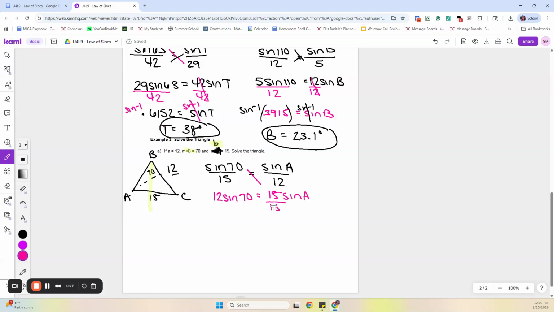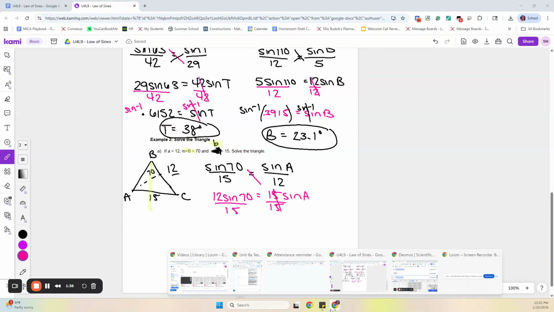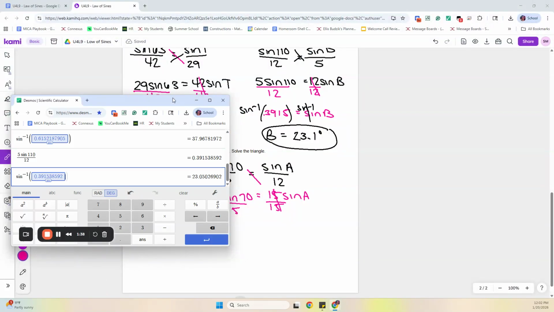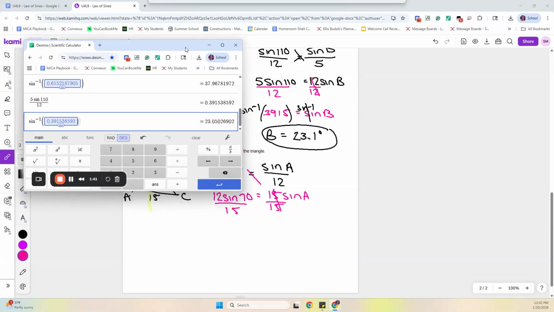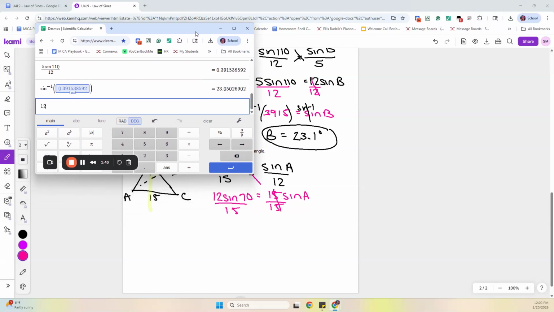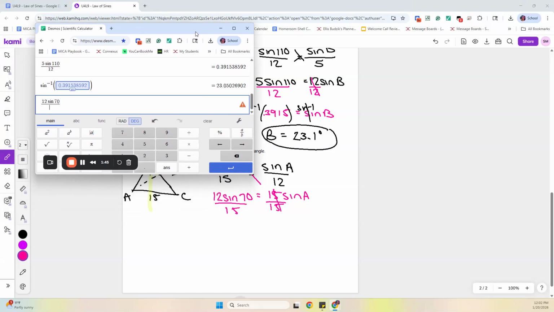We can divide by 15 to get that sine A by itself. So we get 12 sine 70 divided by 15.